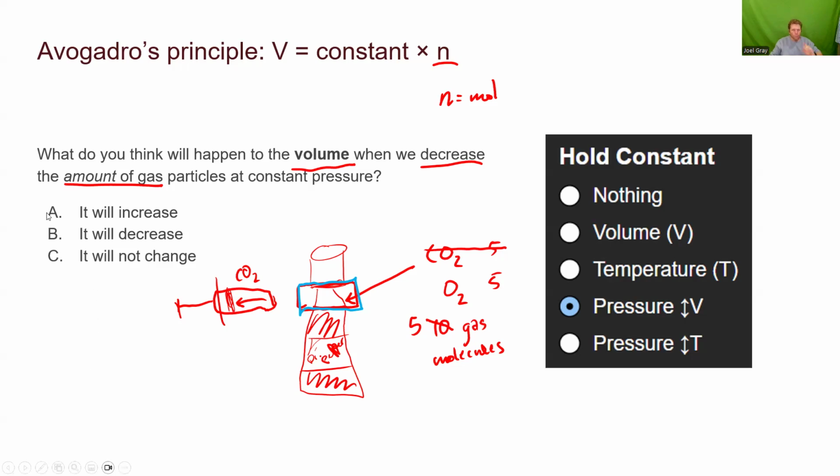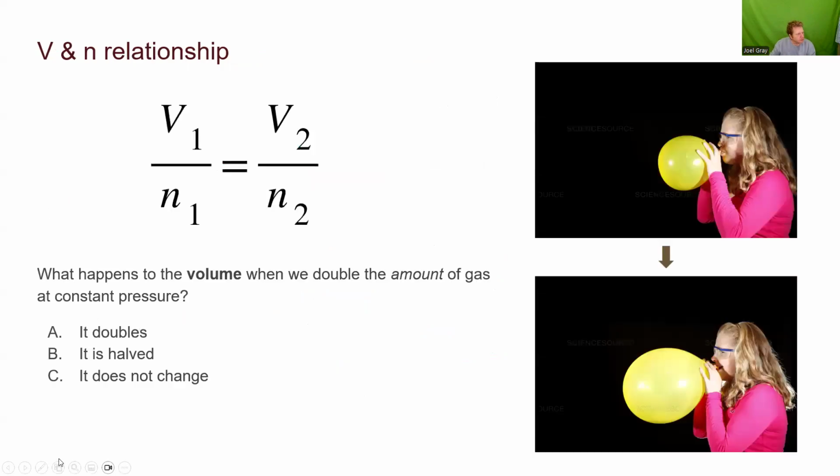Now, with that in mind, let's go ahead and look at the mathematical relationship and an example of that. Here, what we have is somebody blowing up a balloon. What are they adding to that? Chances are they're adding more gas to that balloon. And when they add more gas to that balloon, what happens to the volume of it?